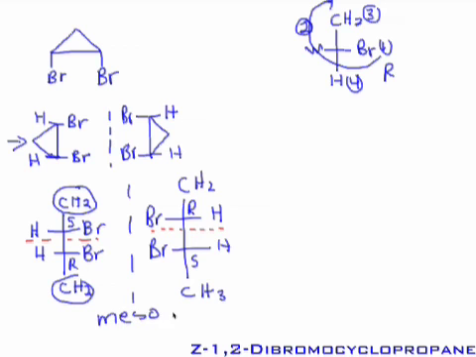So when you have a ring that is cis, you get a meso form. And so there's only one form for the cis 1,2-dibromocyclopropane. And because it's a special meso form, there is no difference between the SR and RS nomenclature in this meso form.